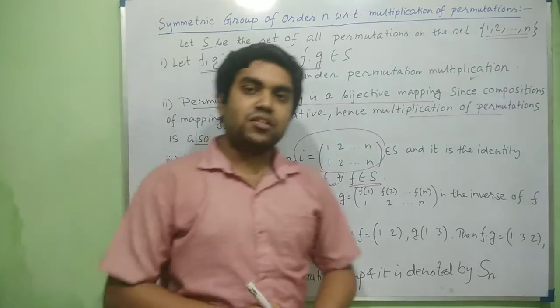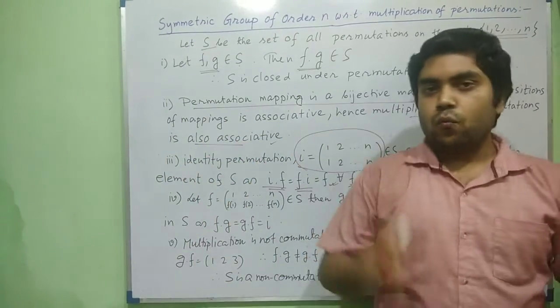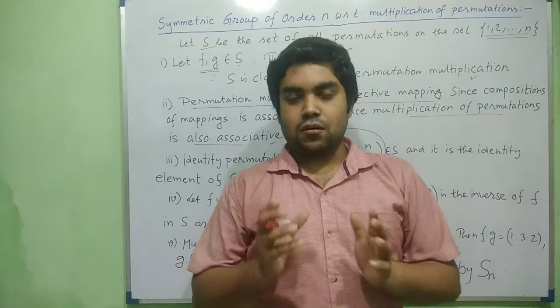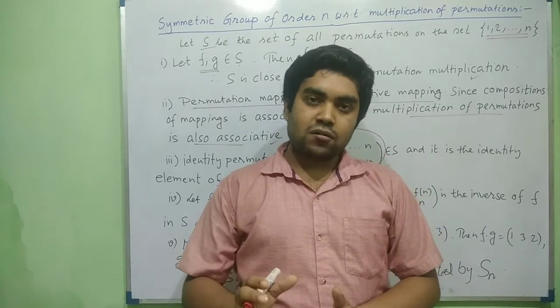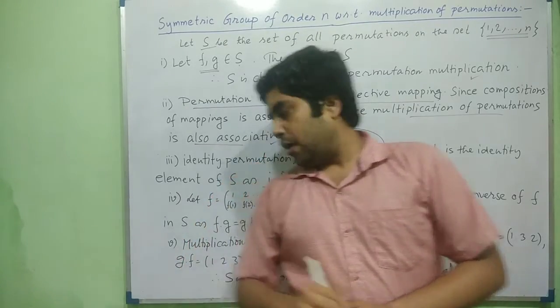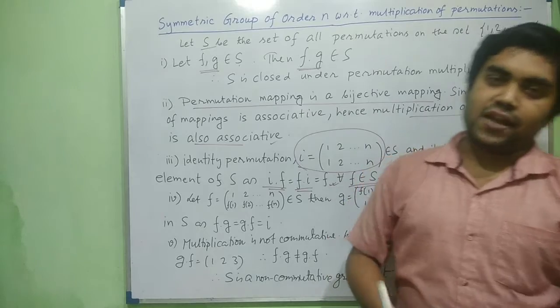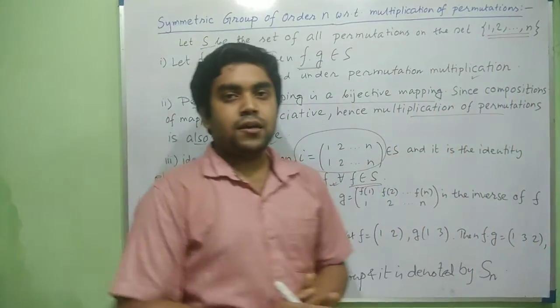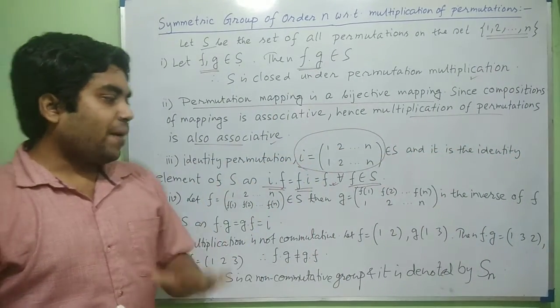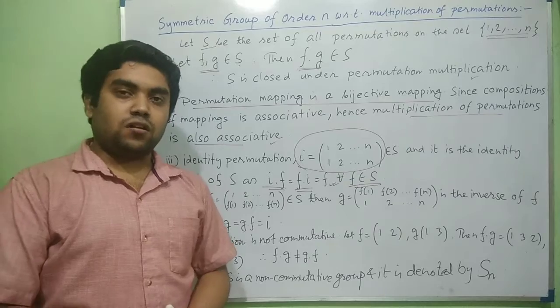Now we have to establish the inverse element property. We all know that the permutation mappings are mainly bijective mappings, and we know that mappings which are bijective must be invertible.